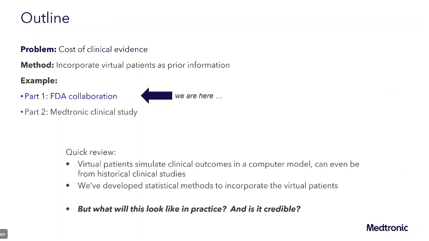And with that, I'll hand it over to Adam. All right, thank you, Tarek. So just by way of a quick review, we introduced the problem statement that the clinical evidence, as important as it is, is getting increasingly challenging to generate, with rising costs going up exponentially.